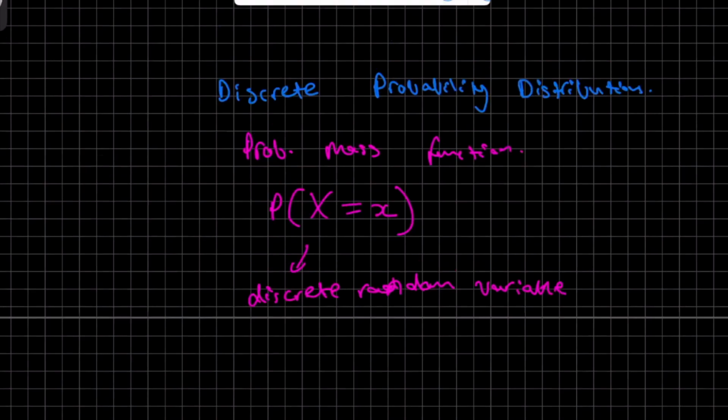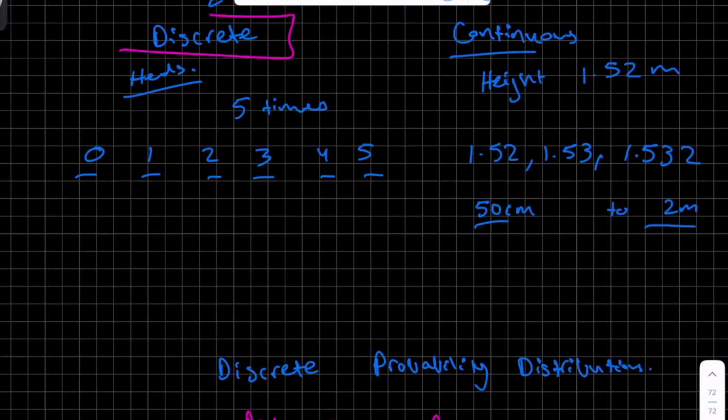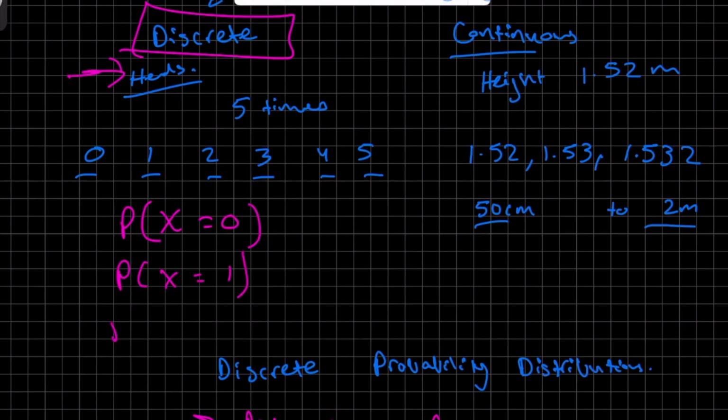So for example, we defined our discrete random variable example as tossing a coin, so let's stick with that. Our probability mass function will give us the probability that the discrete random variable, the number of heads, will equal one of these values. So we either get a head 0 times, 1 time, 2 times, 3 times, 4 times, 5 times.